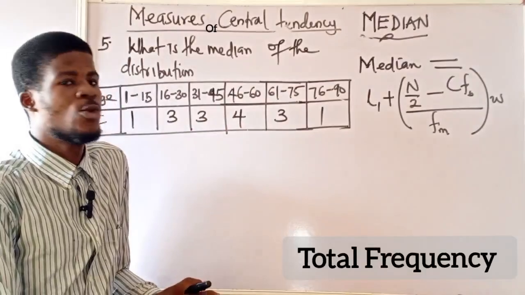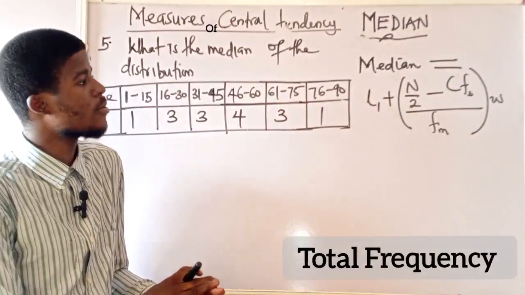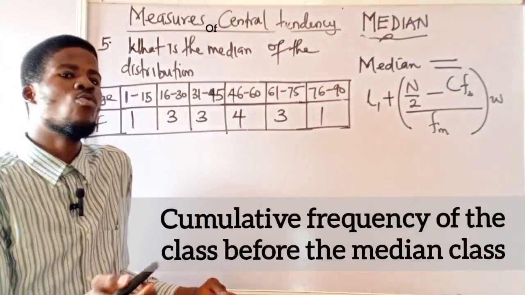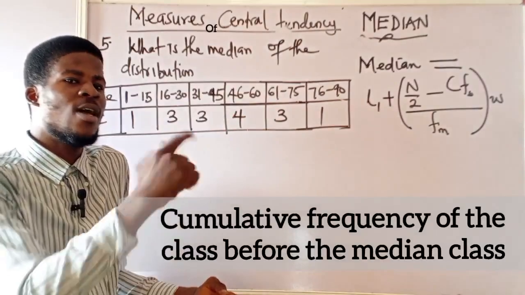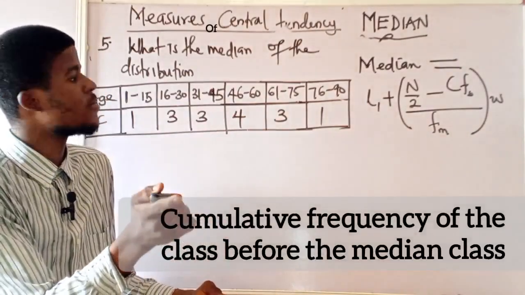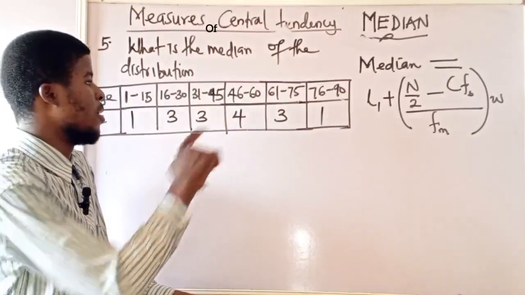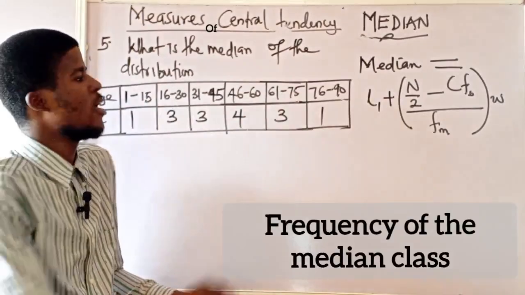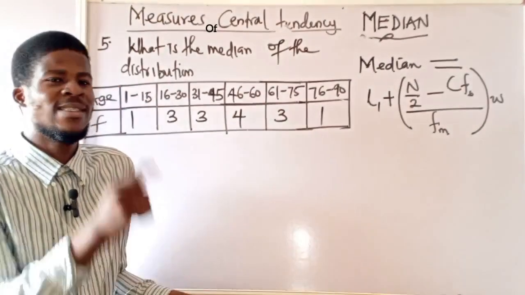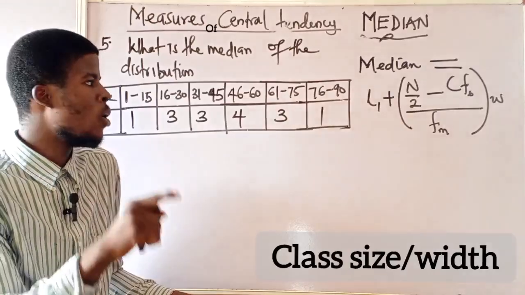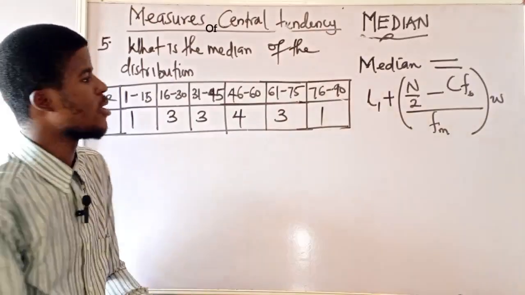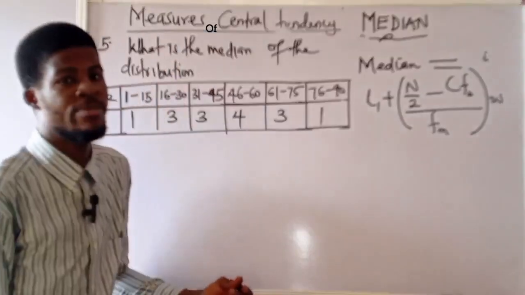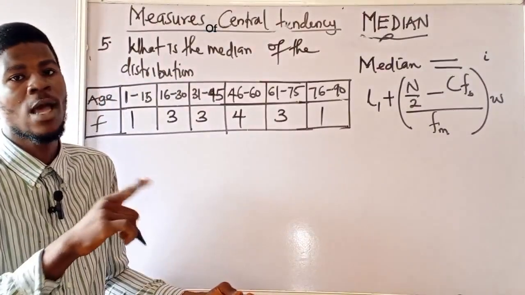N stands for total frequency. CF sub B stands for cumulative frequency of the class before the median class. F sub M stands for frequency of the median class. W stands for the class size or the class width. Sometimes we use I for W. Anyway, they mean class size or class width.